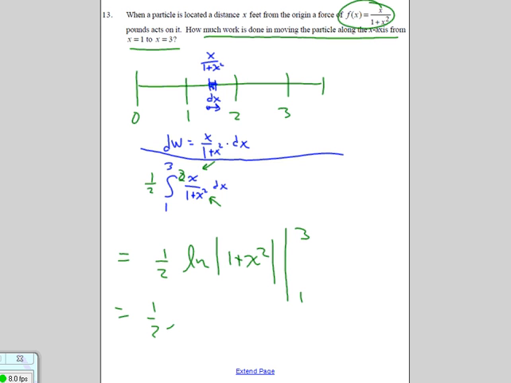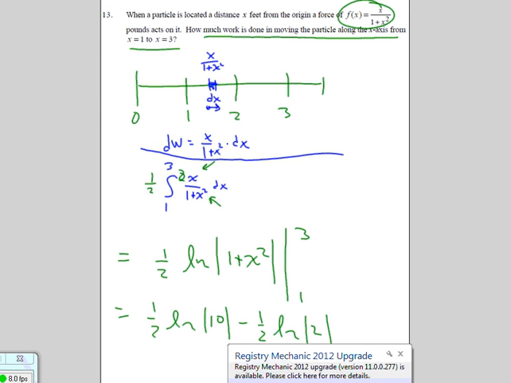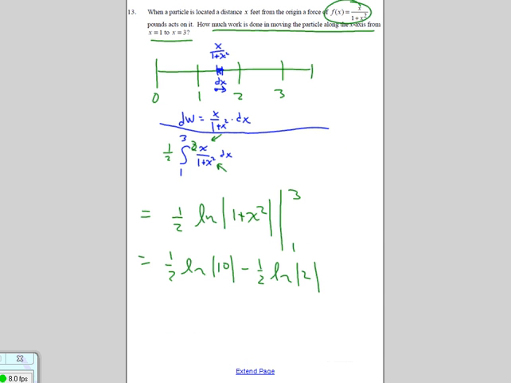So 1/2 ln of 10 minus 1/2 ln of 2. And for anyone who wants to go above and beyond, this equals ln of root 5.